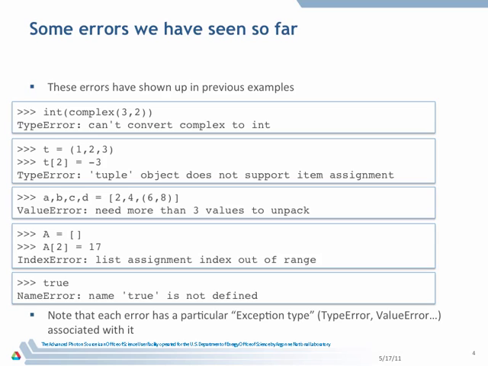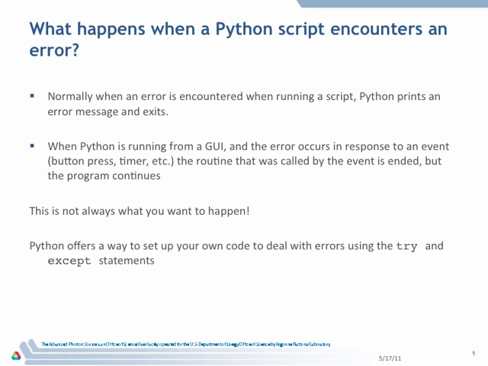So whatever you do at runtime that generates an error will generate some kind of error condition. What happens by default if you don't do anything specifically when you hit an error? Well, if you're just running a very simple script, that script will just stop and it'll bring you back to the command line.